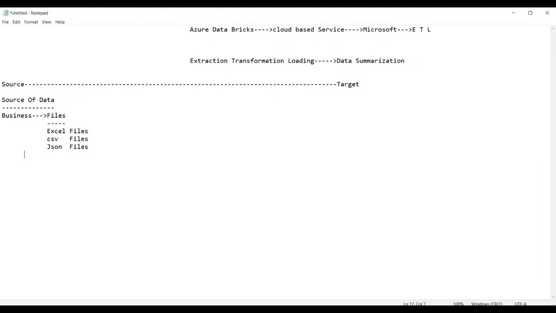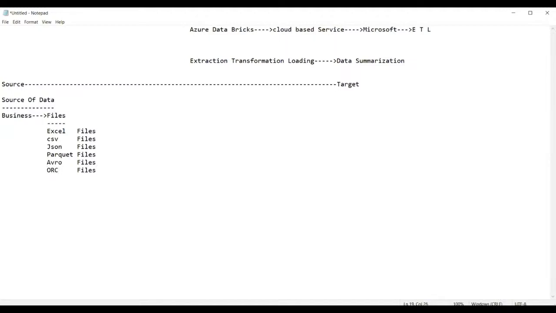And then afterwards, you have Excel files, CSV files, JSON files, and you have the Parquet files. Then you can have Avro files, and we can also have ORC files, various types of files.